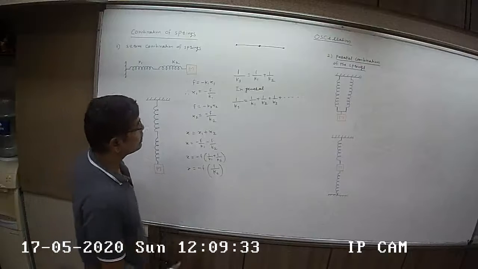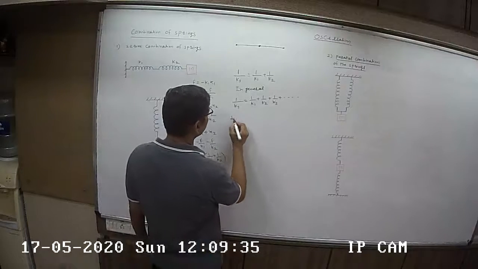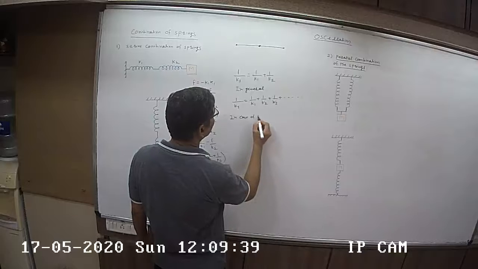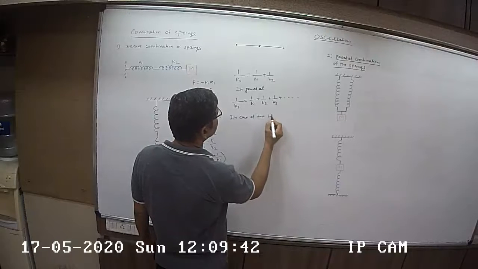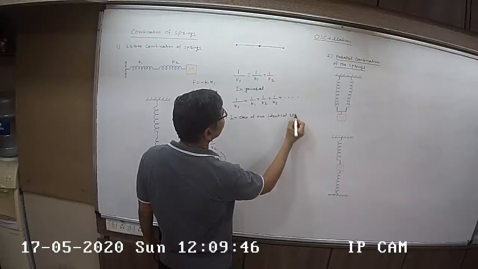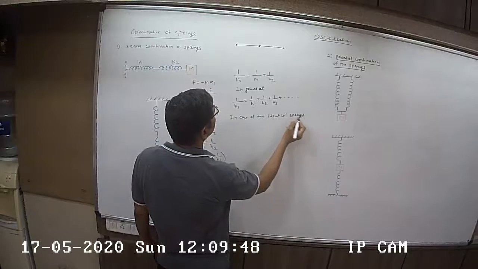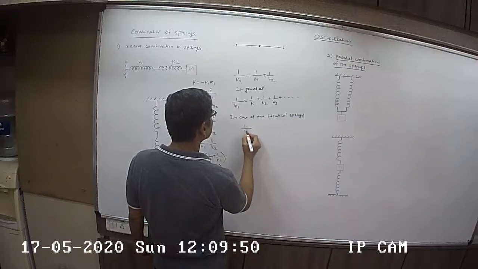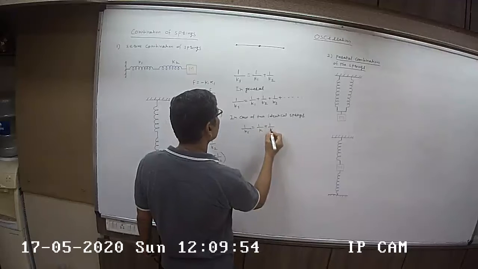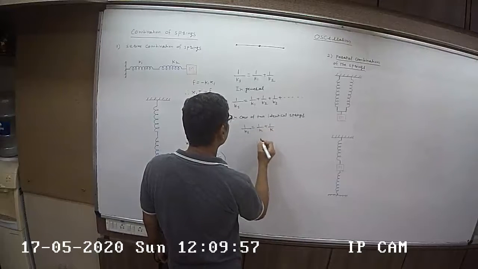So in one case, look, in case of two identical springs, 1 upon Ks is equal to 1 upon K plus 1 upon K, which is 2 by K, so Ks will be K by 2.